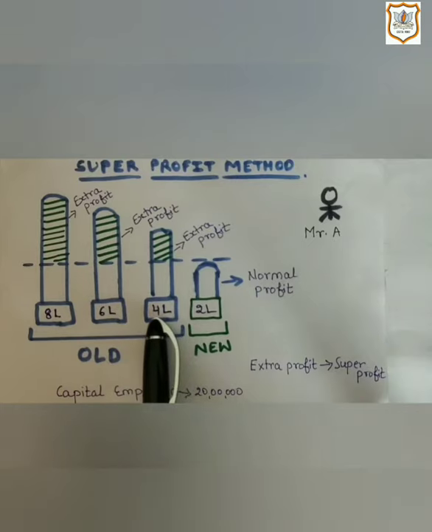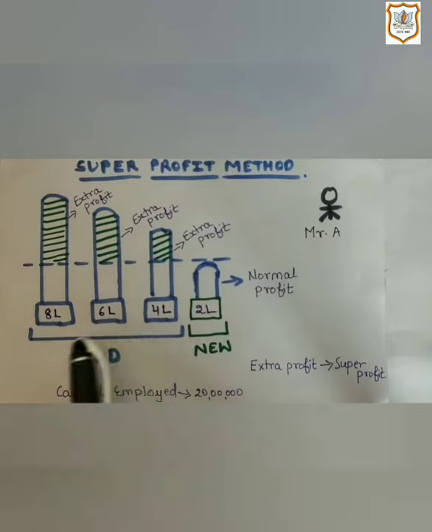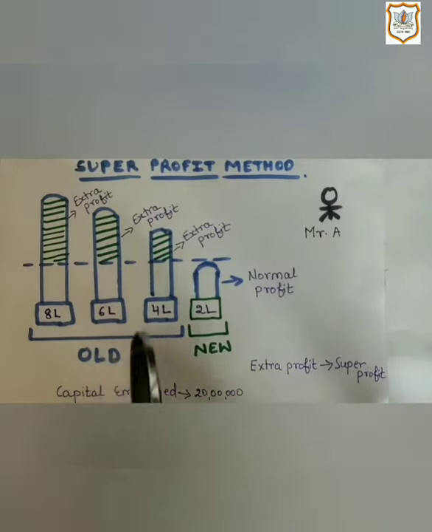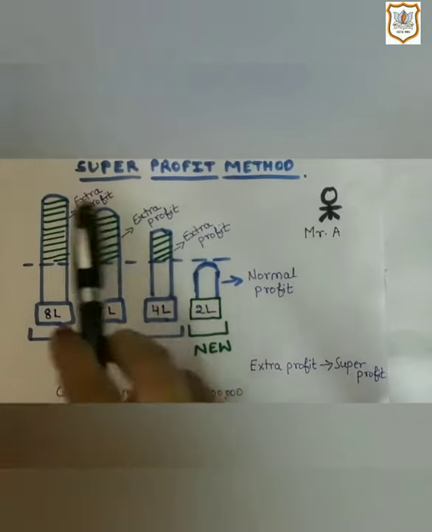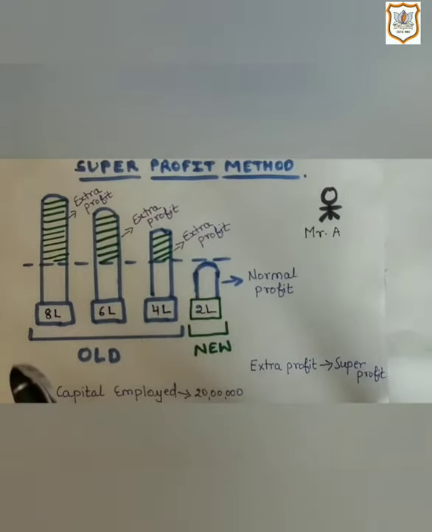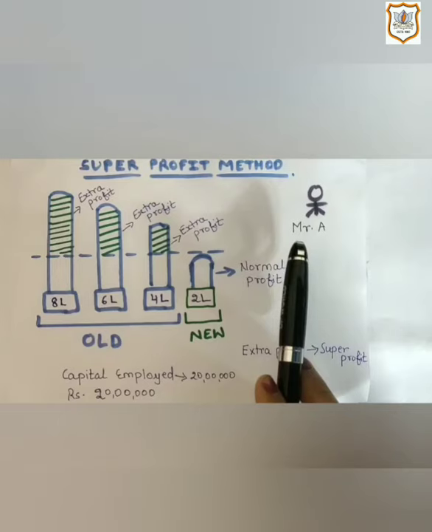And the third business is earning a profit of rupees 4 lakh. So these are the cases of old existing businesses. Here you can see they are good profit earning businesses. In the past also they have earned profit, and in future also there is a good chance that they will earn good profits.